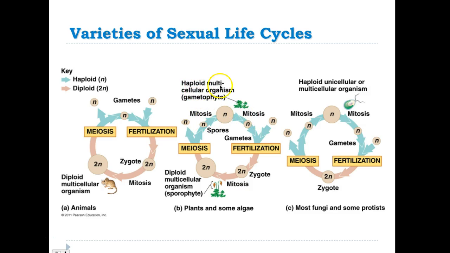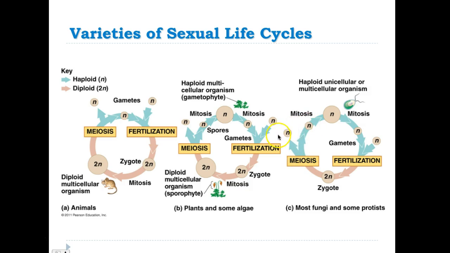You have a haploid multicellular organism that would be known as the gametophyte. So the diploid multicellular organism is a sporophyte. The haploid multicellular organism is known as your gametophyte. And ultimately when the two haploid cells meet upon fertilization, you then restore that zygote, which is diploid in nature.